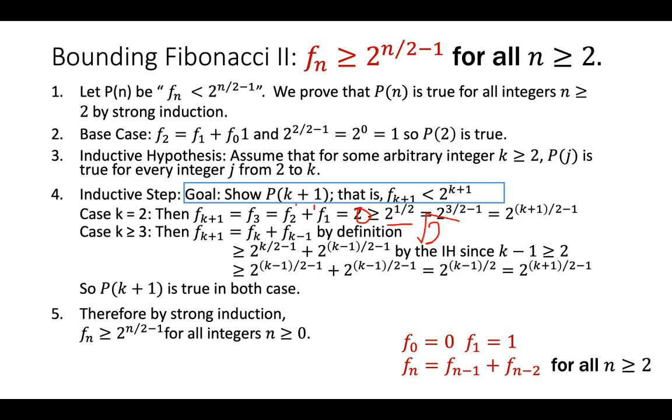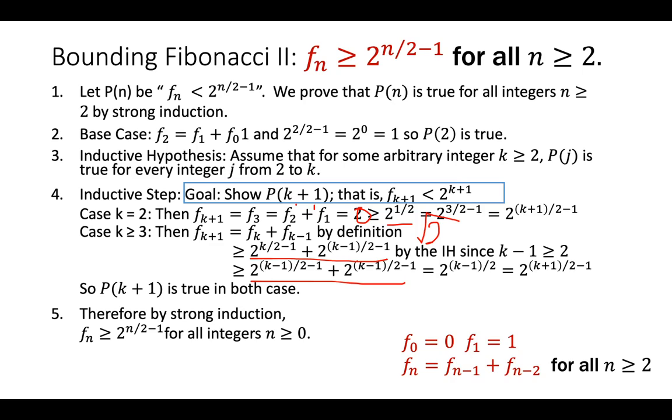And if we use the definition of the Fibonacci, that will be this, and we can compare them with 2 to the (k-1) divided by 2 minus 1.